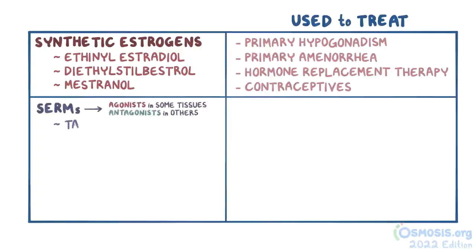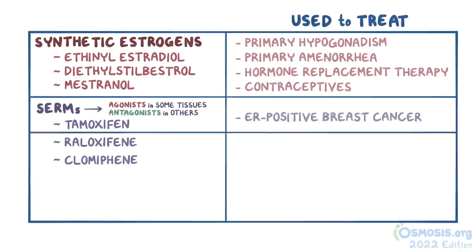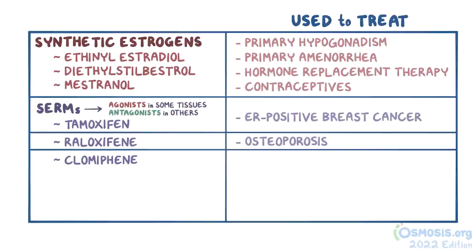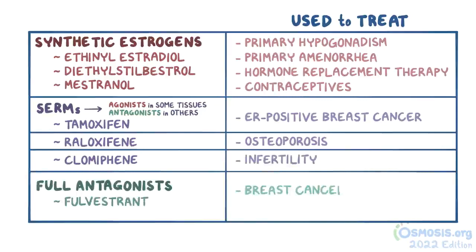SERMs include tamoxifen, raloxifene, and clomiphene. Tamoxifen is used for ER-positive breast cancer, raloxifene is the medication of choice for osteoporosis, and clomiphene is used to treat infertility. Full antagonists include fulvestrant, which is used for breast cancer that is resistant to tamoxifen.